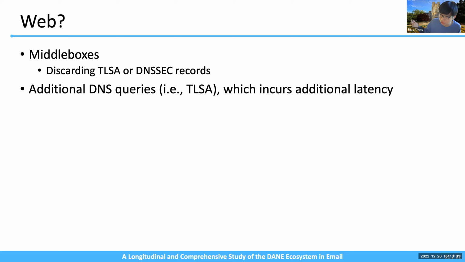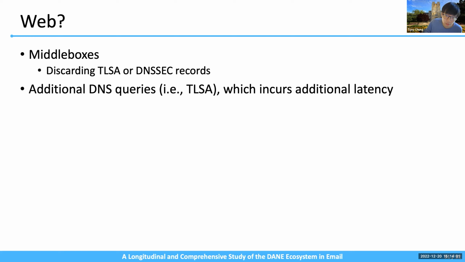DNS keys or signature records, or TXT records, because TXT records are well known for being used as command and control for IoT botnets. So TXT records can sometimes be ignored, and also TLSA records as well. Which means the client cannot verify the authenticity of the certificate they just retrieved from the application layer server, because they cannot get the TLSA record.